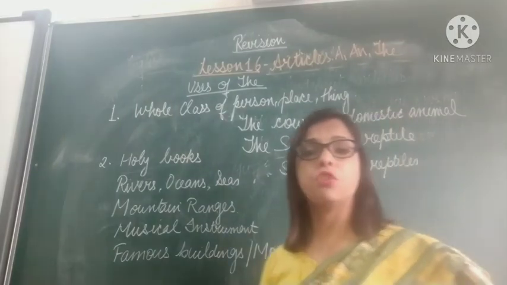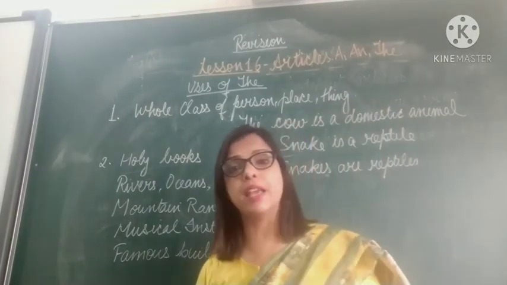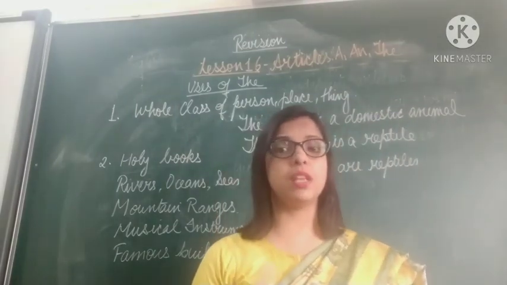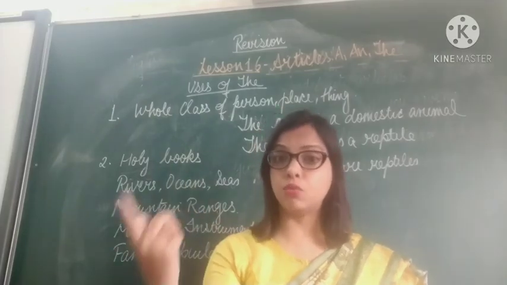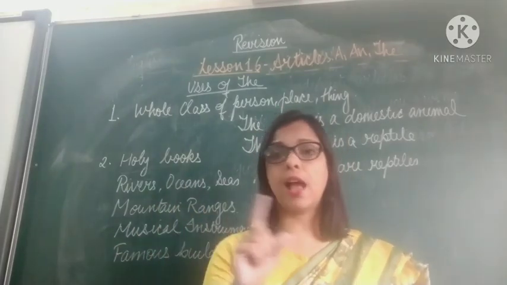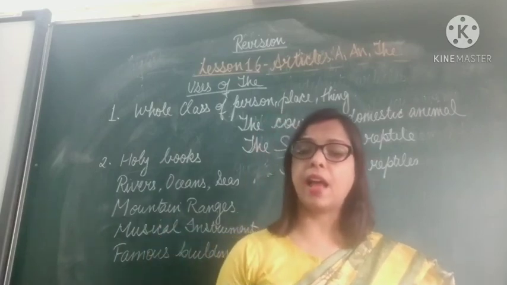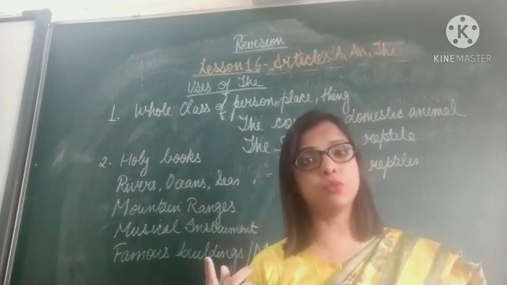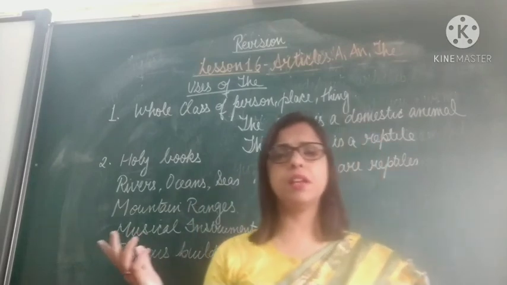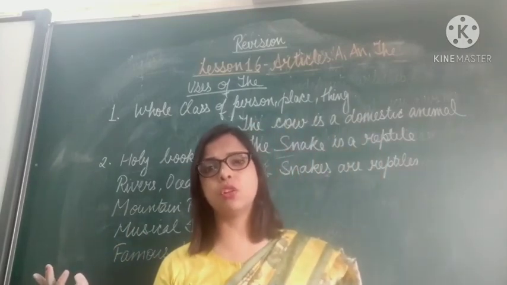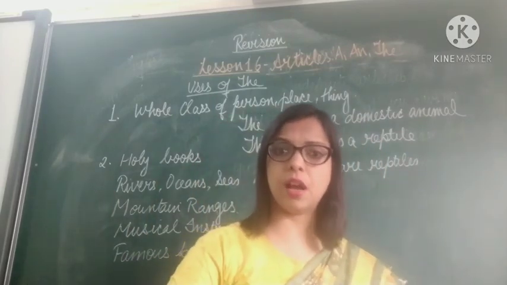So I hope, children, you have understood articles "a" and "the." How we use "a" and "an" depends on the sound of vowels and consonants and not the actual letter that it starts with. And "a" and "an" are always used with singular nouns and they do not refer to any definite person, place or thing, so they are known as indefinite articles.